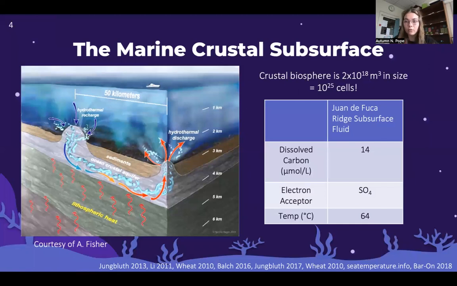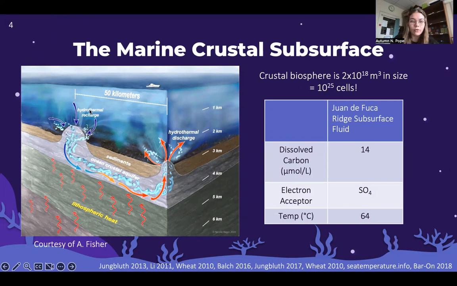So then I'm going to get into the actual marine subsurface. Water comes down from the bottom of the ocean, and that water is filtered through these outcrops in the ocean floor. These are called hydrothermal outcrops or hydrothermal vents.